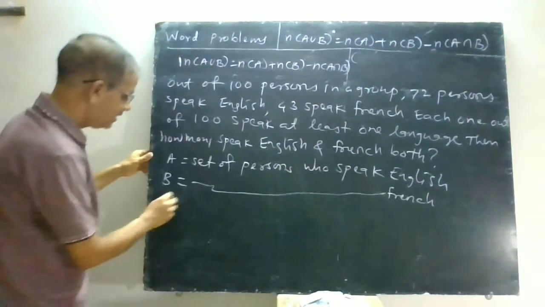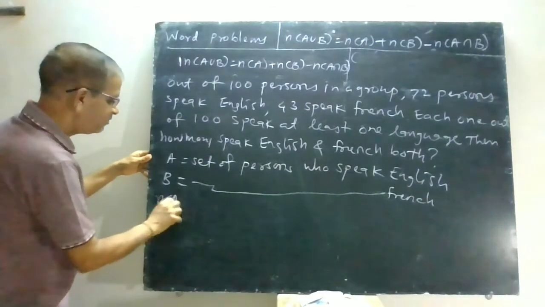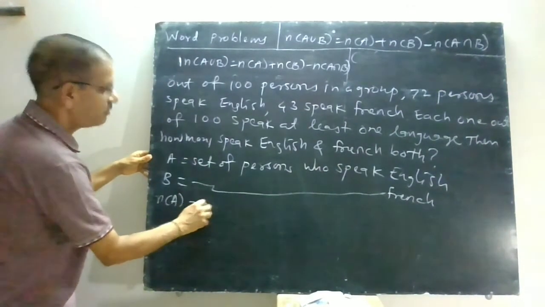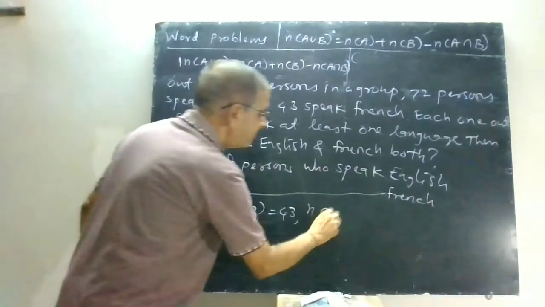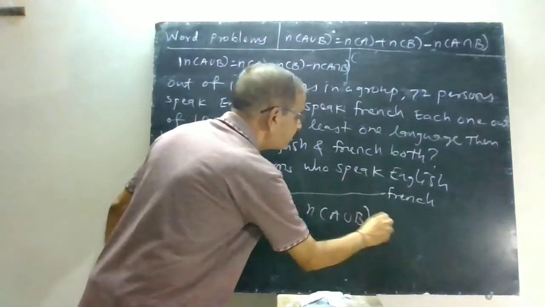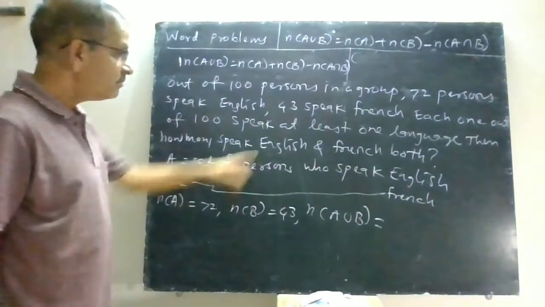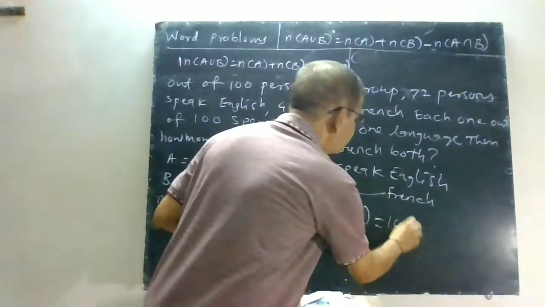So using this information, n of A is 72, n of B is 43, and n of A union B, that is completely 100.